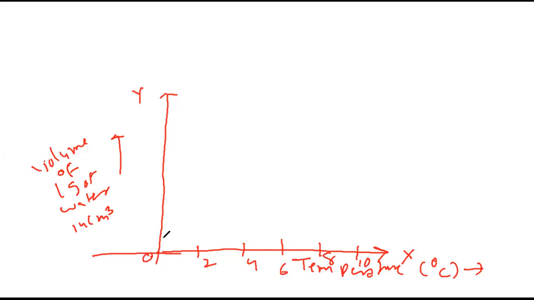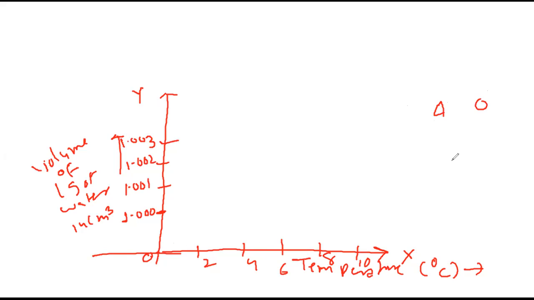Here 0, then I'm starting from here 1.000, then 1.001, slightly more, 1.002, 1.003, and so on. So this anomalous behavior is between 4 to 0.